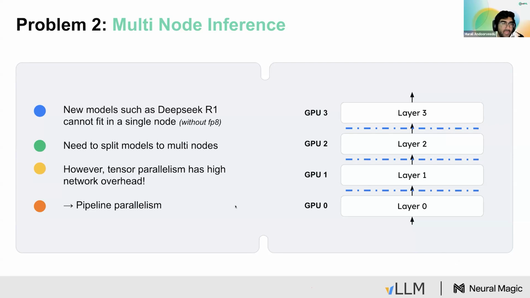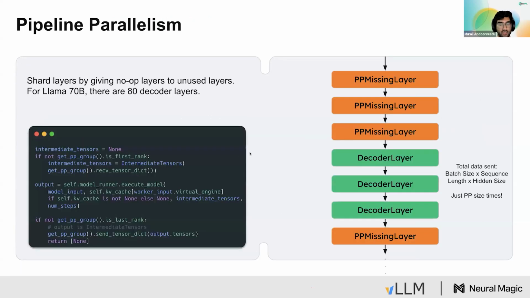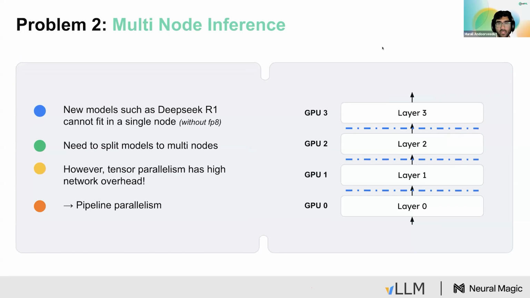So what we do here is employ a technique called pipeline parallelism, because over multiple nodes, you potentially don't have as good of a communication link as you would have within a node. What pipeline parallelism basically does is it splits a model into multiple sections. It does this by sharding across layers, so each GPU will have multiple layers.